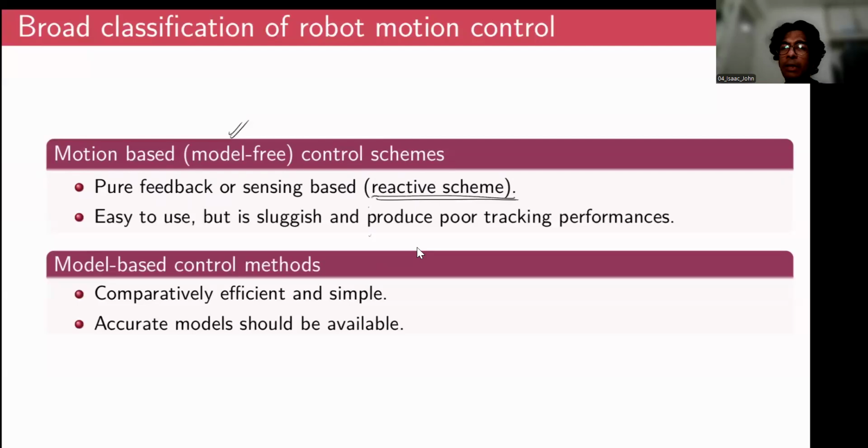The principle can be adopted pretty much anywhere. As a result, you can call it easy to use because it's universally adopted, irrespective of the kind of robotic system that you're working with. But it's a bit sluggish, and it produces poor tracking performance, because you don't really have any insights about the model.